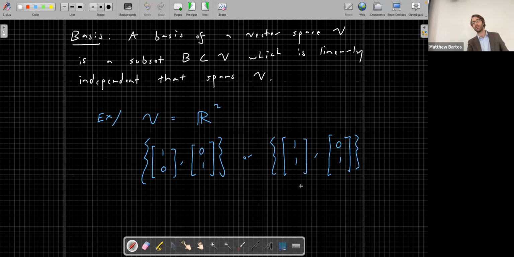Okay, so for example, if we want to know what the dimension of R2 is, we know that it's going to be 2 because it's called R2, but we simply count the number of elements that are in any of its bases. In this case, we have 2 basis elements, therefore the dimension of this vector space is 2, which we already knew, but that is the formal definition of dimension.